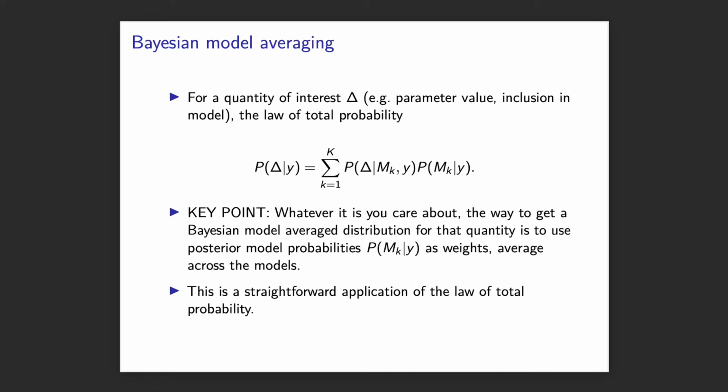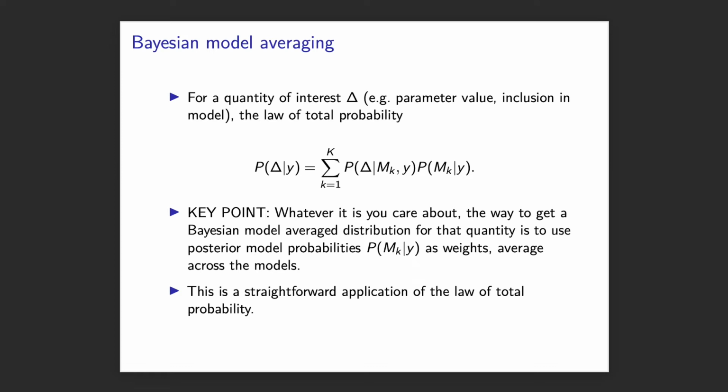Something really cool is you can just use the law of total probability, just like from your probability theory class. We're assuming that the candidate models form a partition, more on that assumption in a little bit. But basically, if I take the posterior of my quantity of interest given the model and the data, times the posterior model probability, which we just got, and add them all up, that gives me the posterior for the quantity of interest.